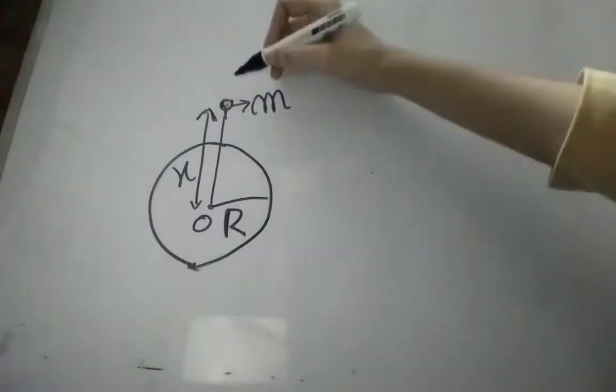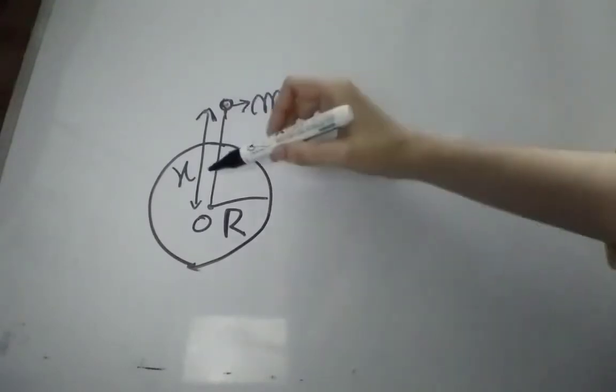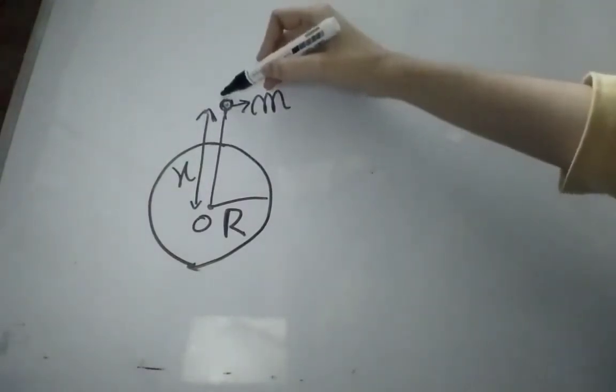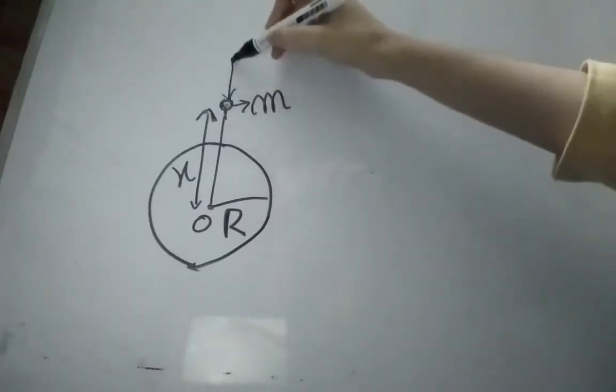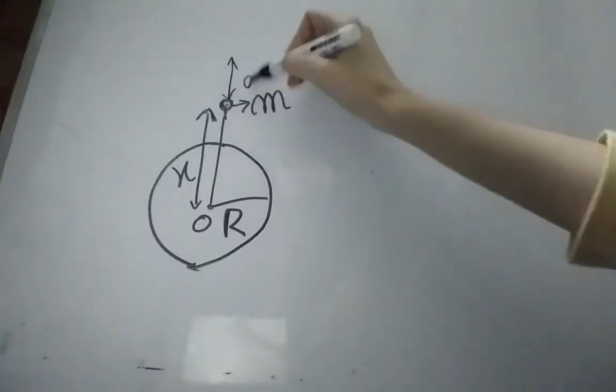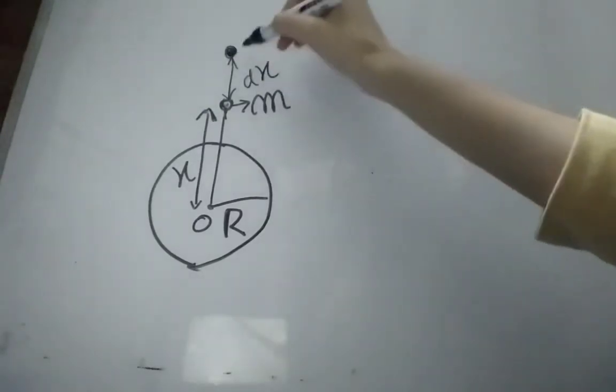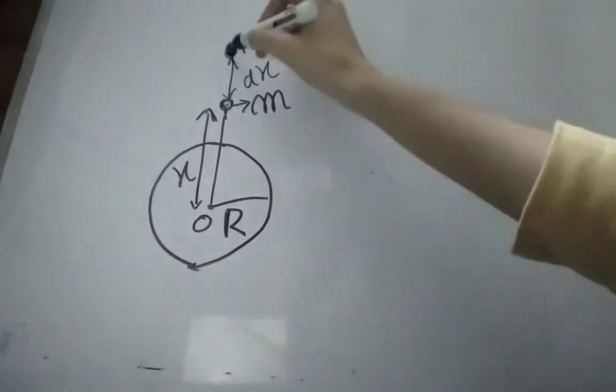This is the same diagram where the object is placed at a distance x from the center. Now what we will do, we will move this object by a very small distance dx in the upward direction, and the new position of this object is this.